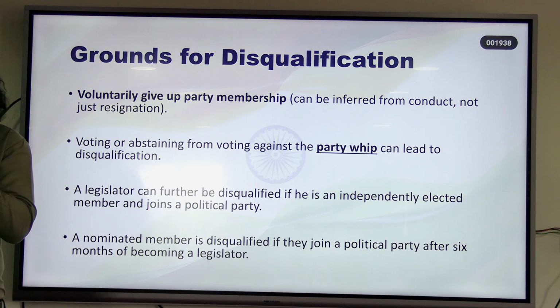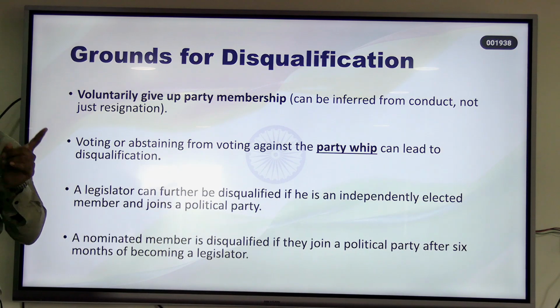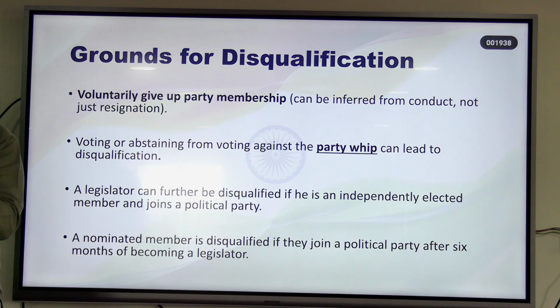Then what is the next ground of disqualification? Any member who is appointed, not elected, as a member of parliament or legislative assembly. We discussed with the prime minister that a person who is not a member of parliament can be appointed prime minister, but within 6 months of such appointment that person has to become a member of parliament. A minister is the same case.